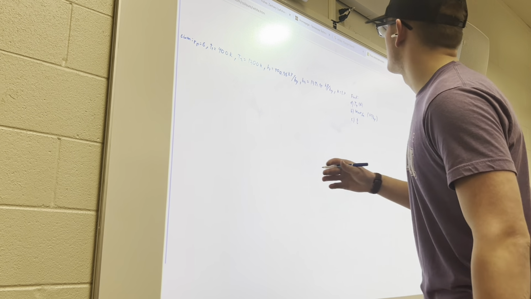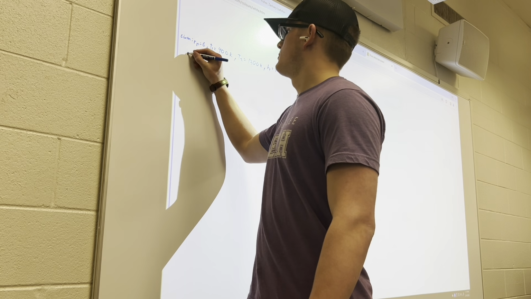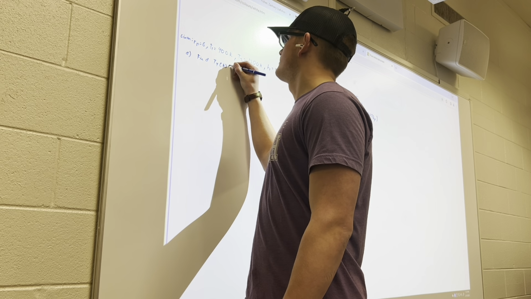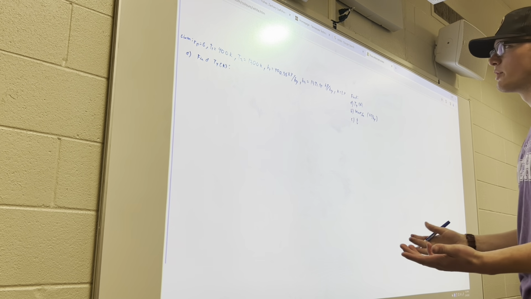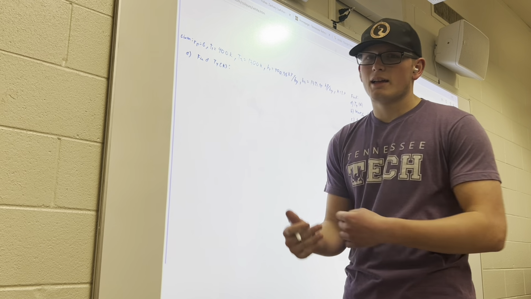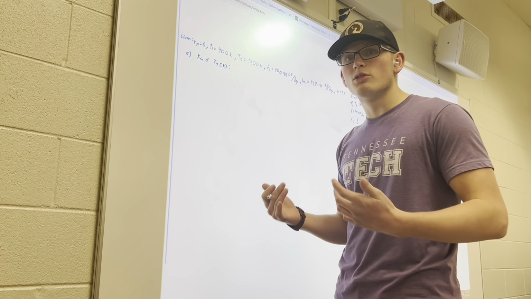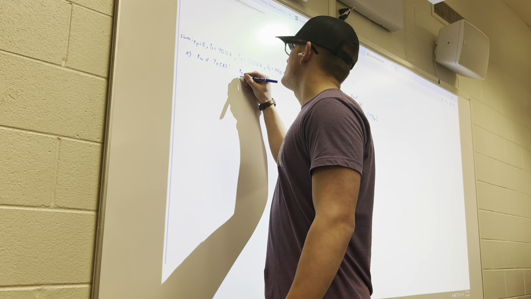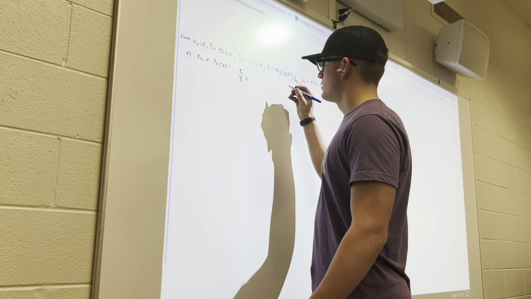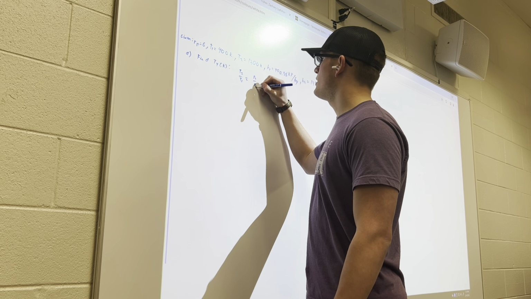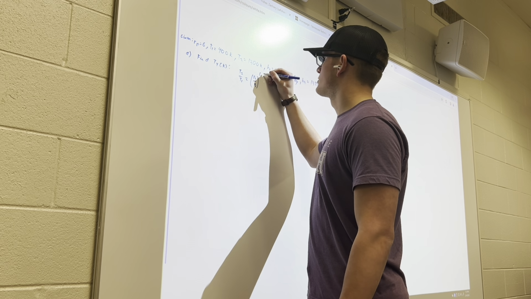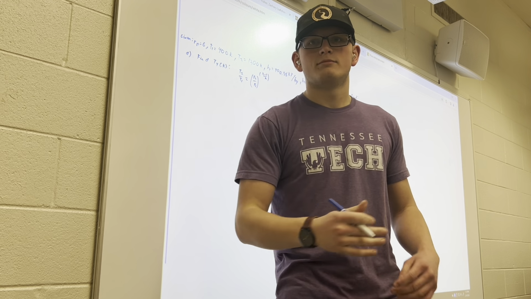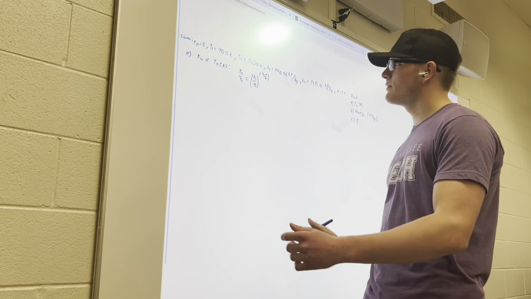Now, the first thing that we want to do, of course, is part A. Find T4 in Kelvin. Pretty simple here. Since we're working a cold air standard problem, we're going to use our cold air standard formulas. Shocker. The formula is T2 over T1 equals P2 over P1, all raised to the K minus 1 over K. You might be saying, aren't we trying to find T4?